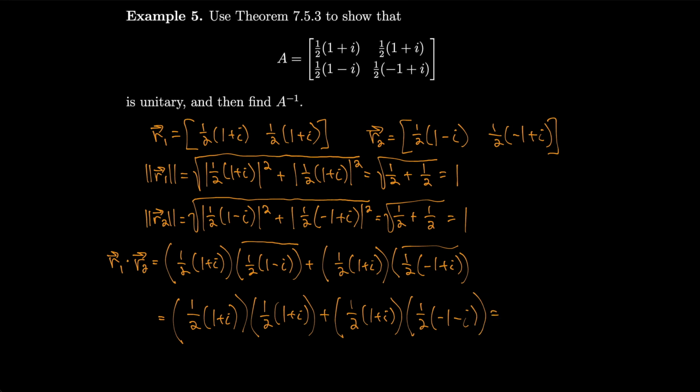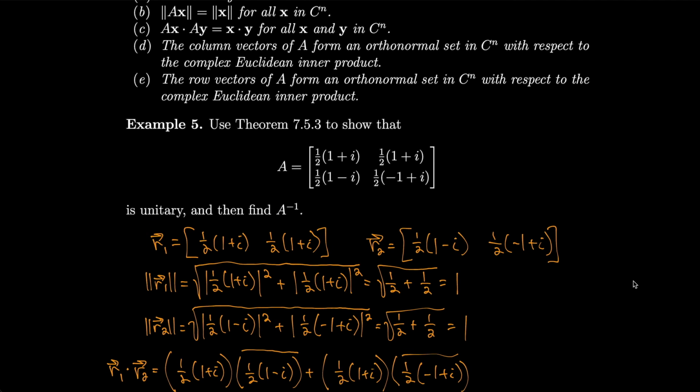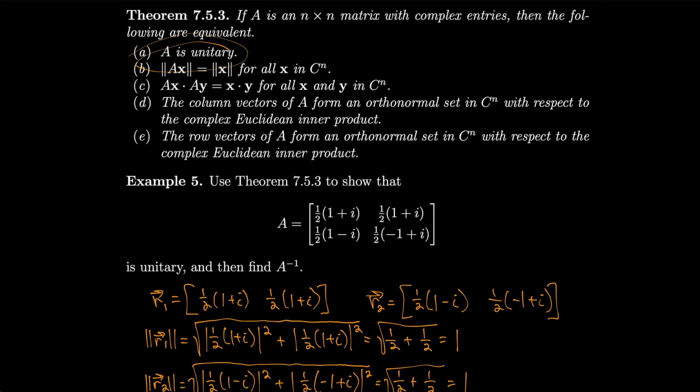And notice that'll be half i minus half i, which is in fact 0. So because the row vectors form an orthonormal set, that's equivalent to A being unitary. Beautiful, so we just proved A is unitary.